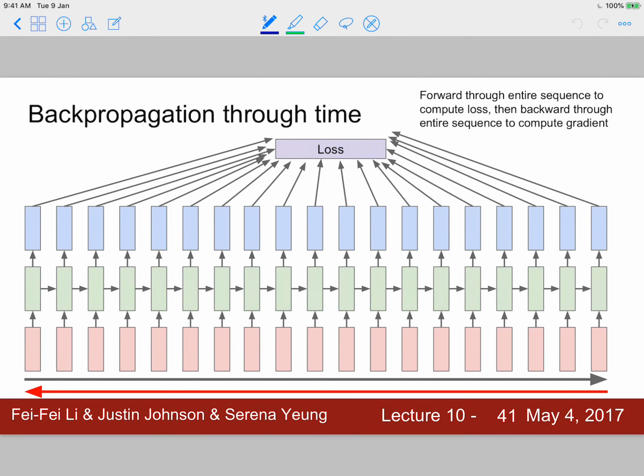But the correct gradient was coming from a time step which is far apart from this one. So the gradient coming from there will be multiplied over and over by the factor of b.